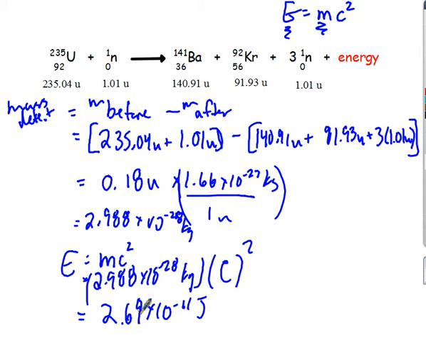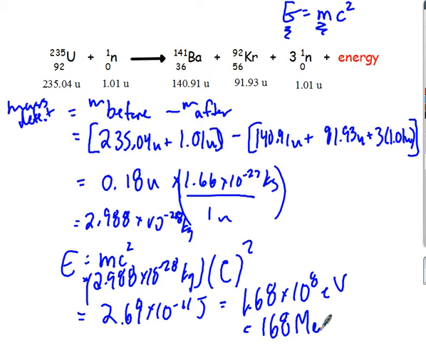Now again, typically we like to deal with electron volts, so I divide by 1.6 times 10 to the negative 19 joules. I get 1.68 times 10 to the 8 electron volts, or 168 mega electron volts. So that's the energy released.